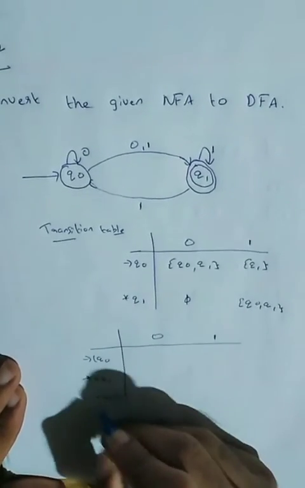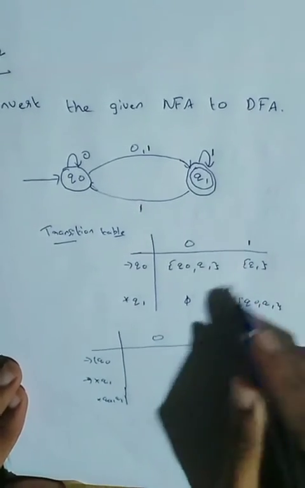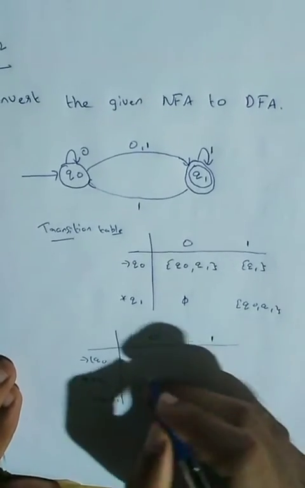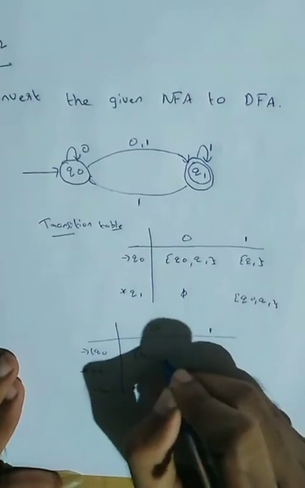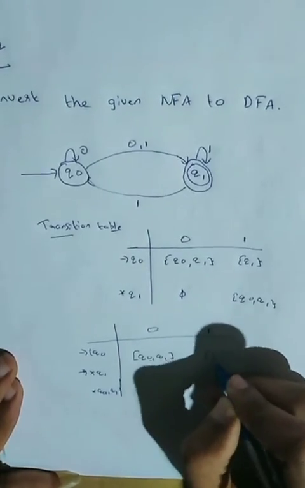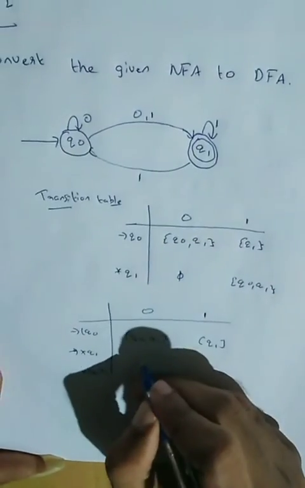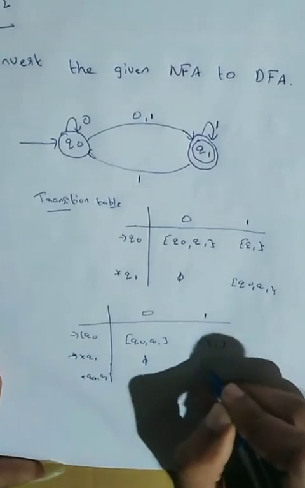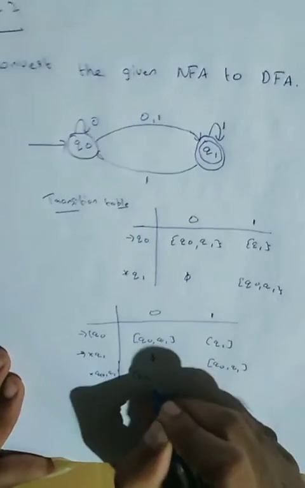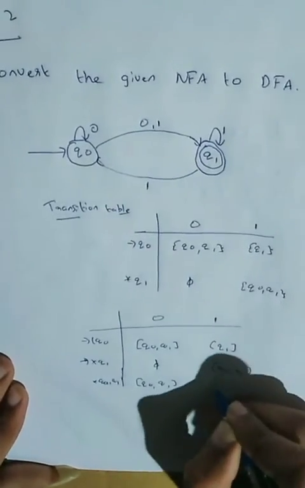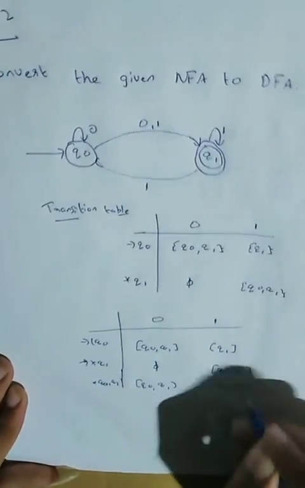Here, in q0 comma q1, we got an extra new state, so we have taken it, and with this we have generated q0 comma q1, phi and q0 comma q1.